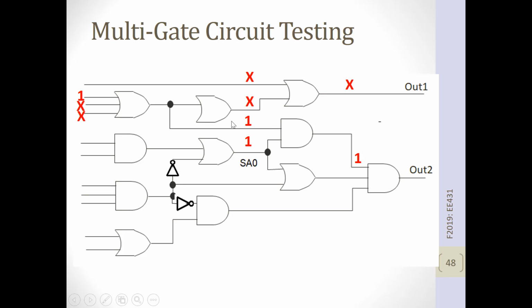To get a 1 here, you can have a 1 on any one of these inputs, or all 3, or just 2, but somehow you need to make this OR gate give you a 1. So we've figured out how to get this signal out to this wire. If this signal is wrong, it's going to be a 0. If it's right, it's going to be a 1.